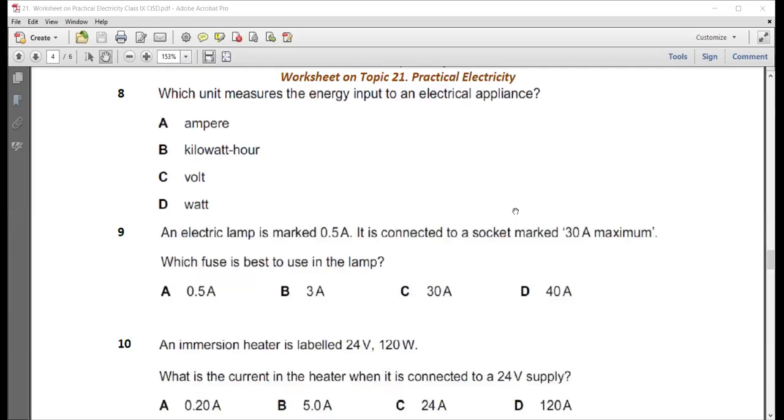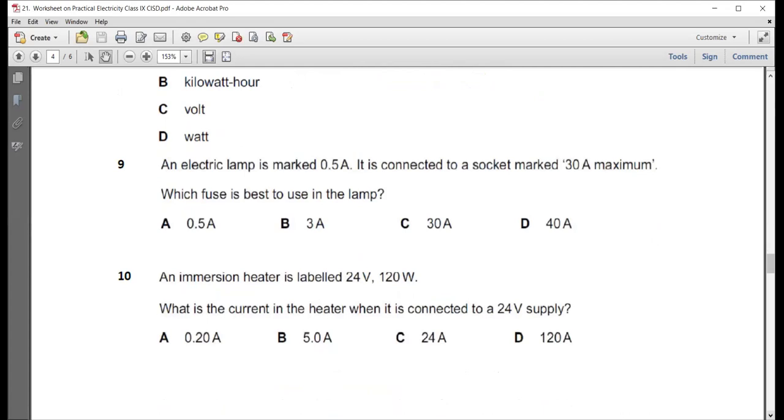Which one are we discussing? This one. What are you saying now? The survey question answer paper. Yeah. So question 9. What should be the answer? B. Sir, it should be B, because what is marked on the lamp, the fuse rating should be a little bit greater than that.